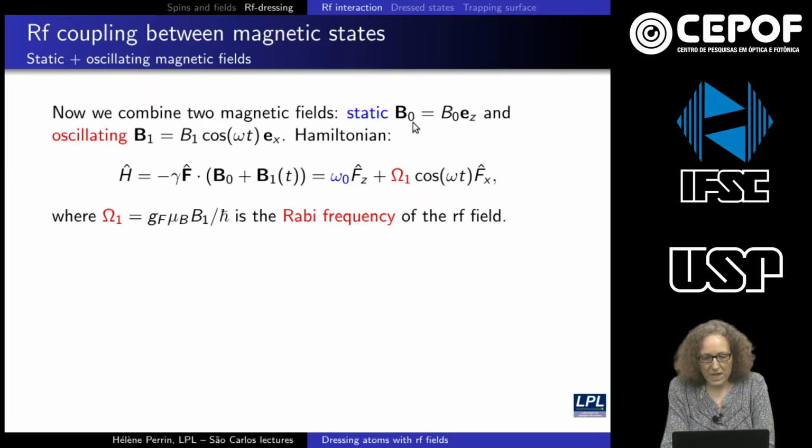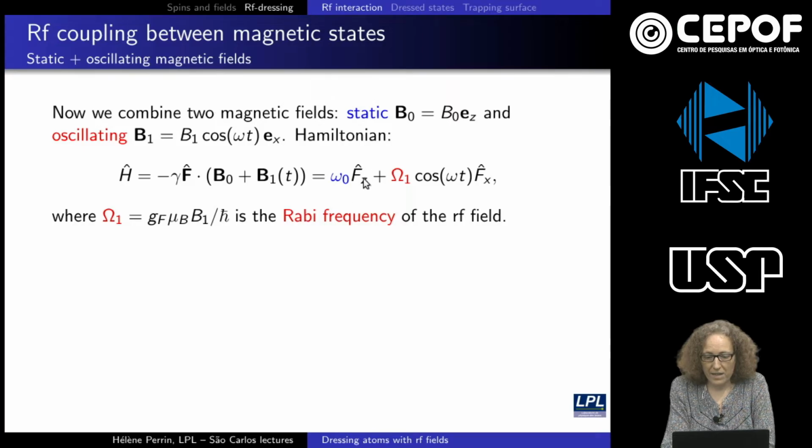For convenience, I will take the static magnetic field for the moment homogeneous along the z direction, and the oscillating field I will take along the x direction, and this is linearly polarized. I come with the Hamiltonian as before, minus gamma times the angular momentum times the total field.